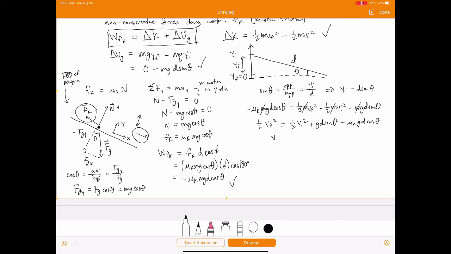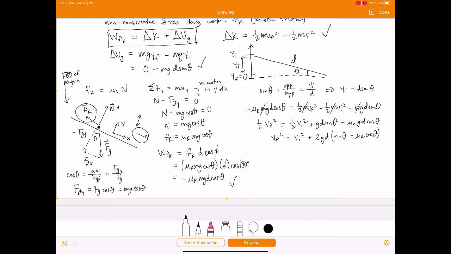Okay, so v final squared, just multiply through by 2. I'm going to have v initial squared, and then I'll have plus 2 for both of these last two terms. I have a common factor of g and d, so I'll just pull that out, and then I'll have sine theta minus mu k cos theta.